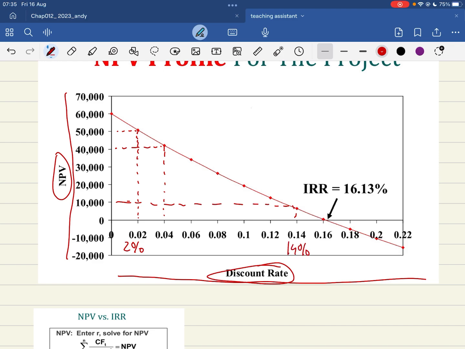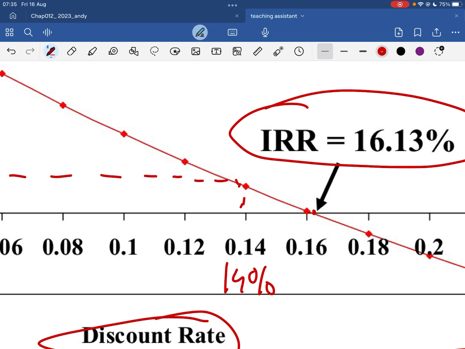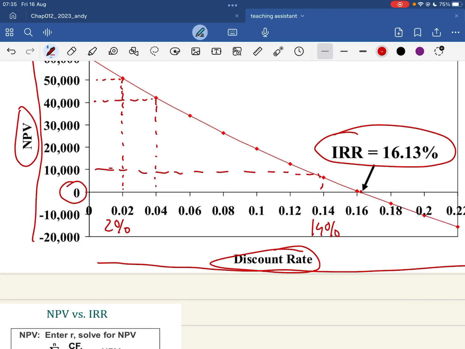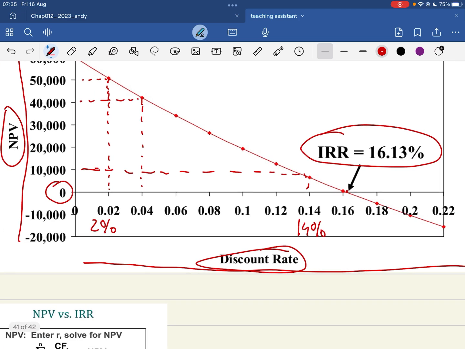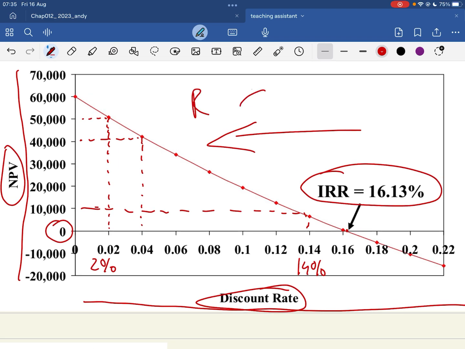And here's where the IRR comes into play. The IRR is 16.13%. Right at this point, 16.13%, the NPV is equal to 0. So anywhere to the left of the IRR, which means the discount rate is smaller than the IRR, we can see that the NPV is larger than 0. And as I have explained before, the NPV decision rule is that whenever NPV is larger than 0, we accept the project.